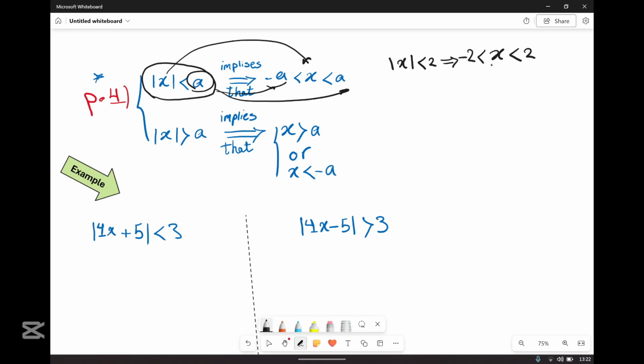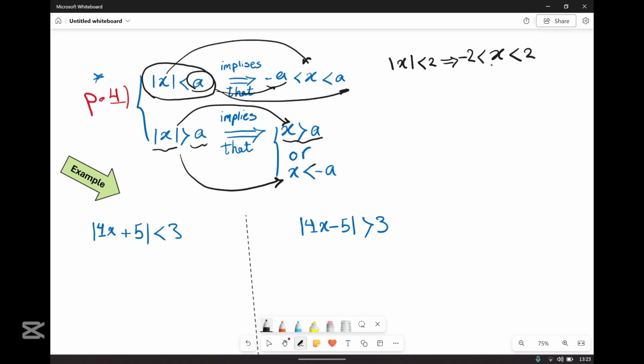But on the opposite side, when the absolute value is greater than something, at the first you consider it without the absolute value, so x is greater than a, and on the other side you must say not only x greater than a, but also x less than -a.